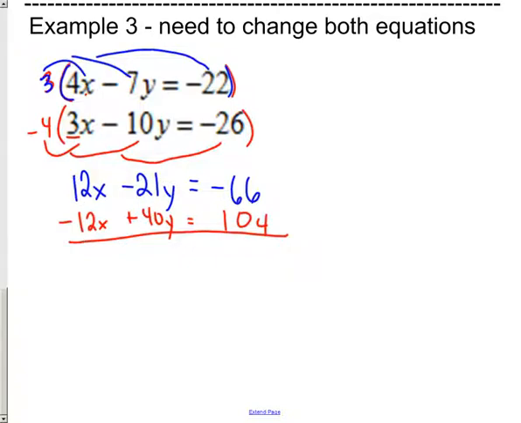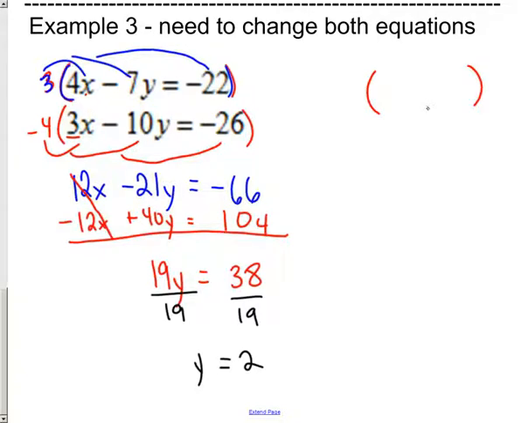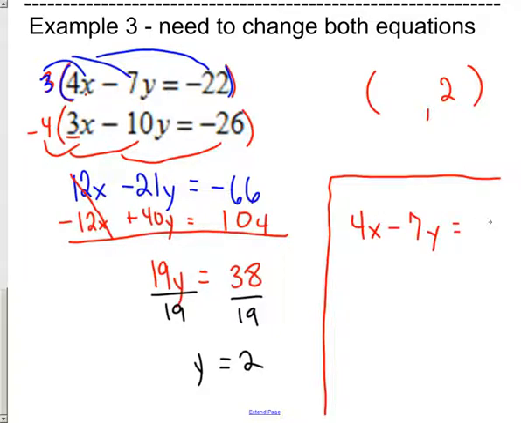And now we can go through and add. Our x's would cancel. We would get 19y. And over here we would get positive 38. And we can solve for the y now. So our answer, again, we got the y first, is 2. And we still need our x value. So we go back to one of the original equations, and wherever we see y, we plug in the 2.